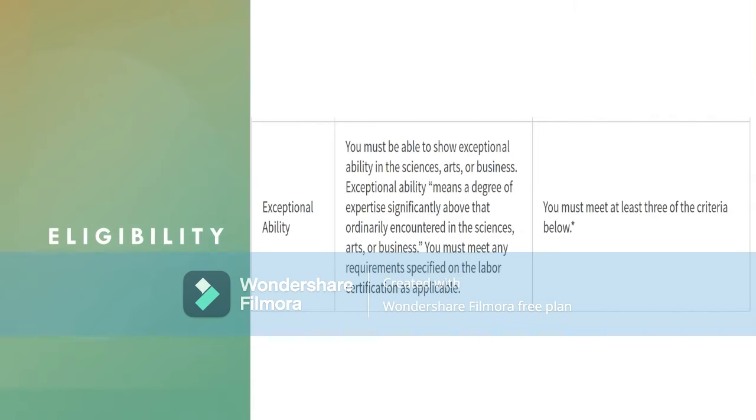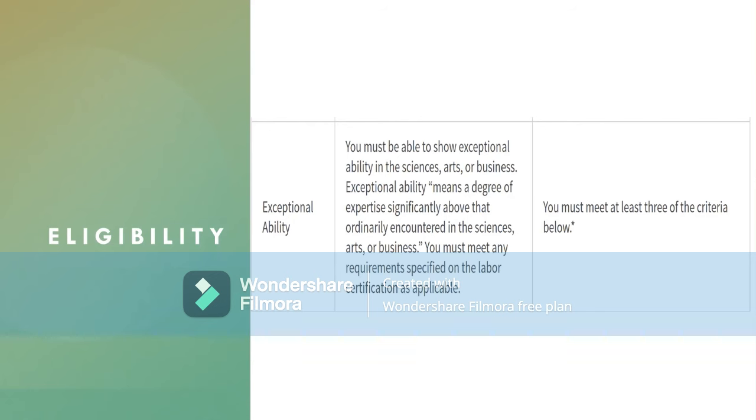Now, for the exceptional ability, we still look at the criteria. You must be able to show exceptional ability in the sciences, arts, or business. It says exceptional ability means a degree of expertise significantly above that ordinarily encountered in the sciences, arts, or business.